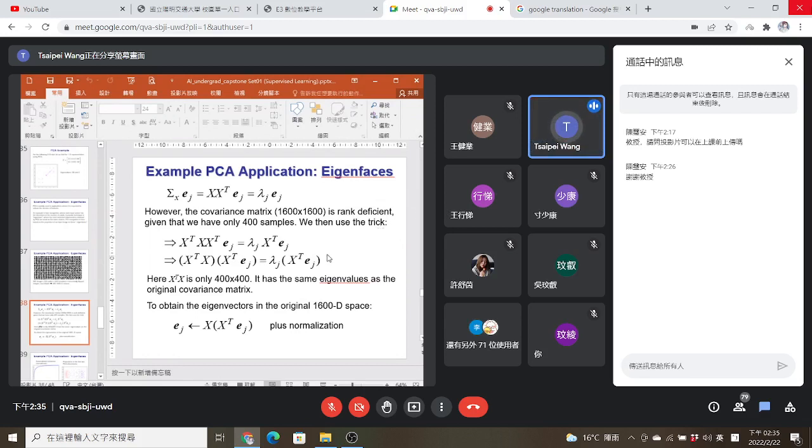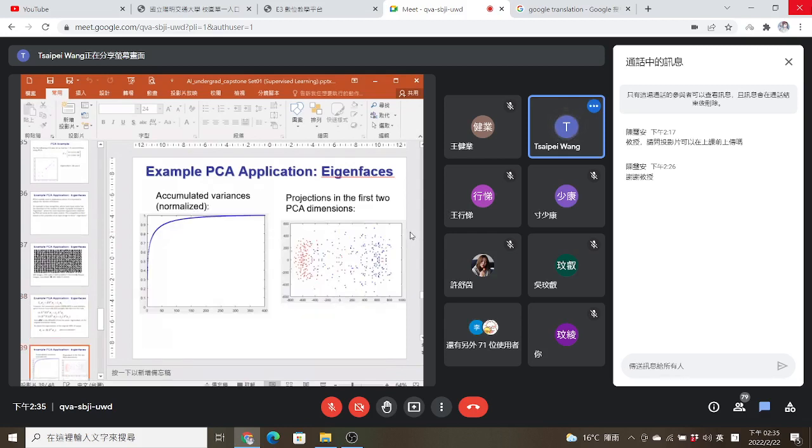So there's a trick to convert it to a 400 by 400 matrix, which is this, and you do the PCA on that. These two sets of PCAs will have the same eigenvalues, so you can choose the same set of dimensions.